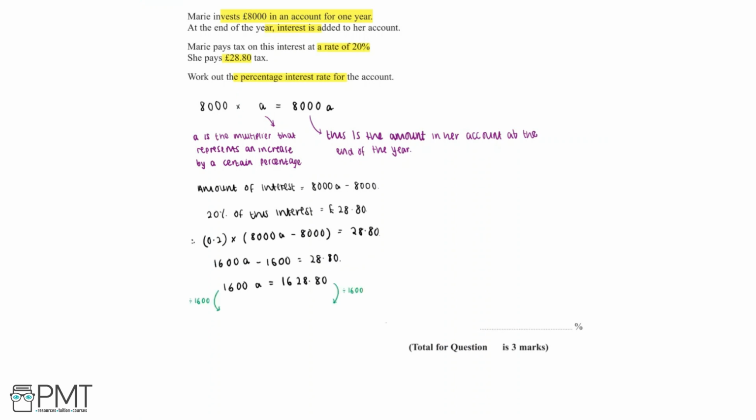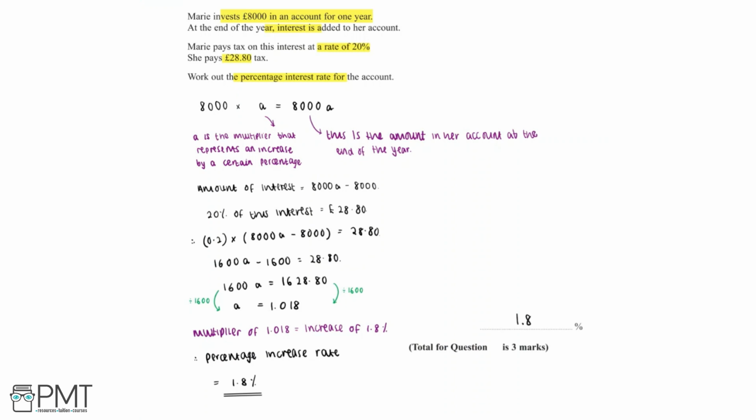And using our calculator, we can find that A is equal to 1.018. We said that A is the multiplier that represents the increase by a certain percentage. And so if we have a multiplier of 1.018, this represents an increase of 1.8%. And so we can now say that the percentage interest rate for this account is equal to 1.8%.